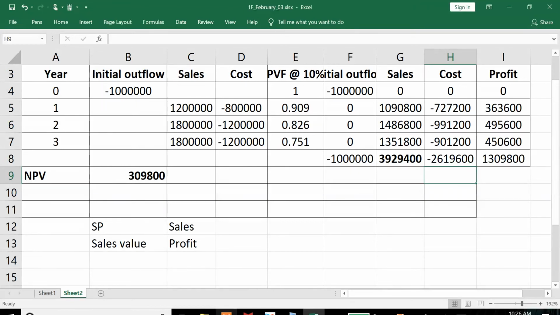comes down by 309,800. If the present value of sales comes down by 309,800, sensitivity percentage equals change by base into 100. 309,800 by 39,29,400 into 100.